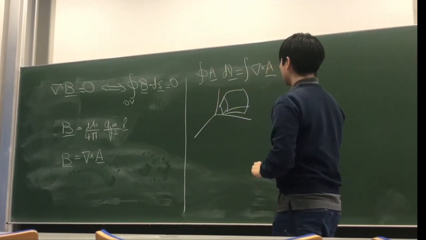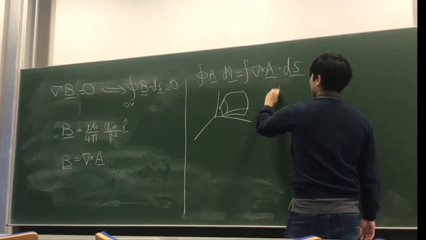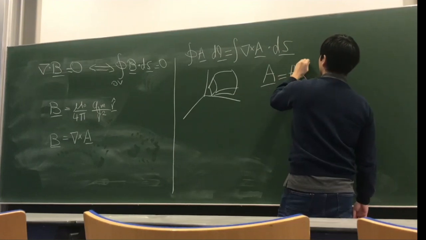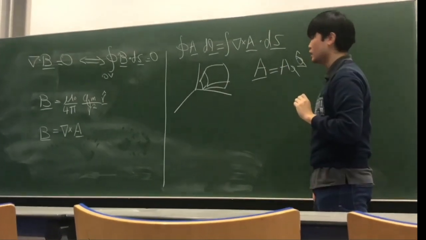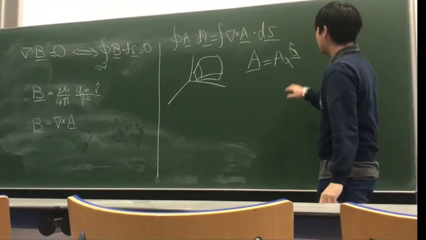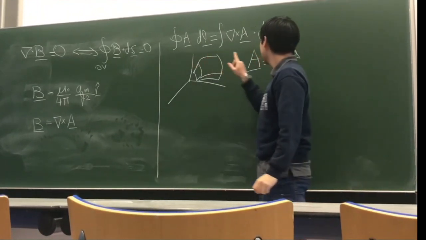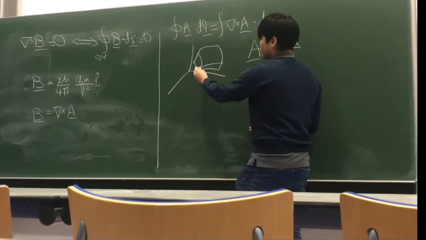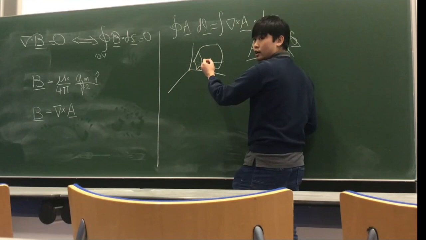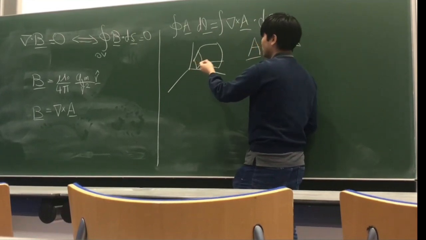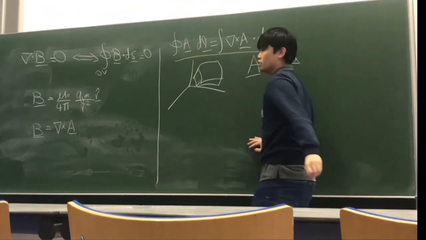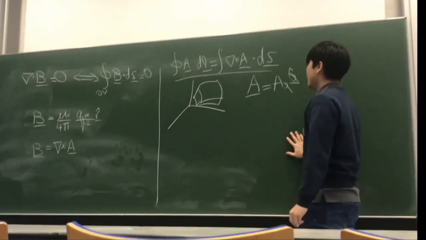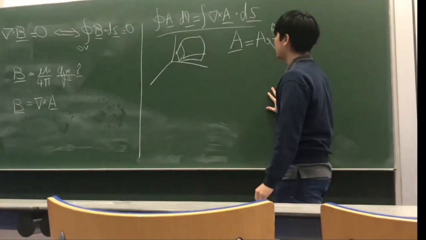So I'm going to assume that our vector potential has only the phi direction. And you see that according to this, if our A has only phi direction, this integral over the surface, which is a surface of constant phi, will be zero, right? And by this equation, it tells you that the curl of A in the phi direction is zero. And okay, so that's one component done.